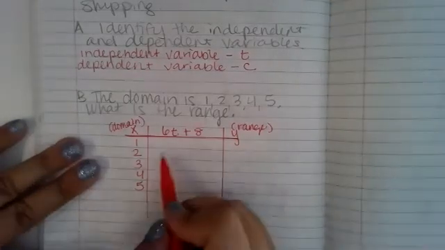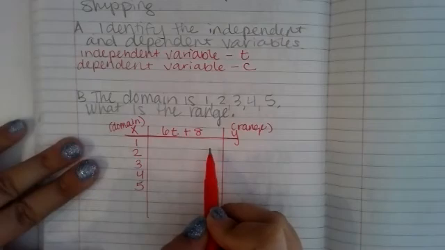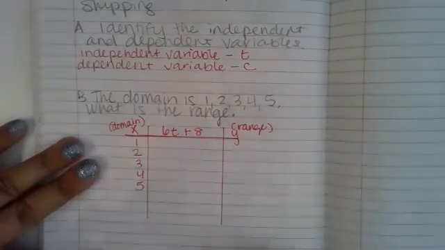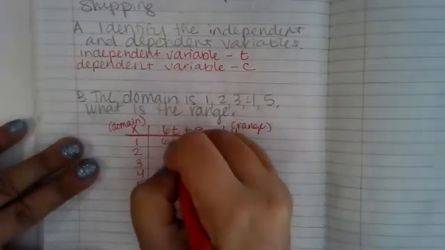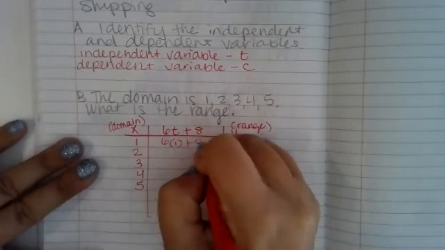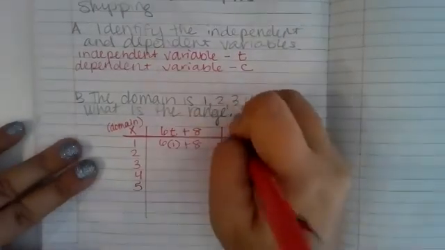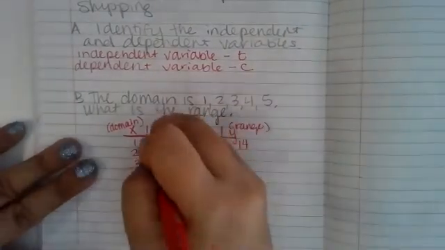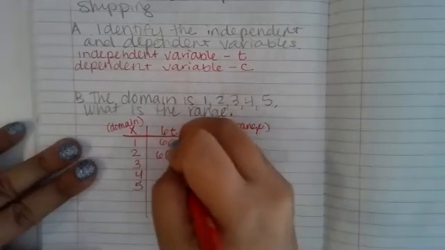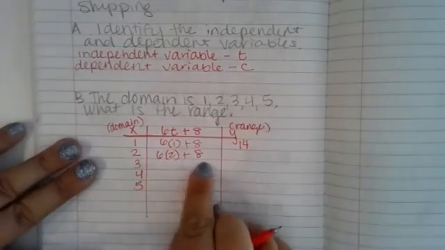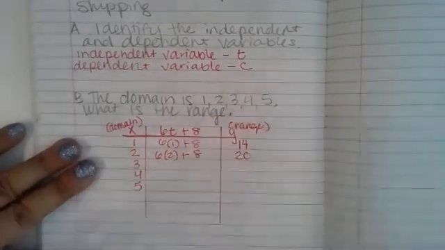And then what I'm going to do is put in an input and come up with an output. So this is 6, substitute 1 plus 8. So 6 times 1 is 6 plus 8 makes 14. Now I have 6, substitute 2 plus 8. This makes 12 plus 8, which is 20.